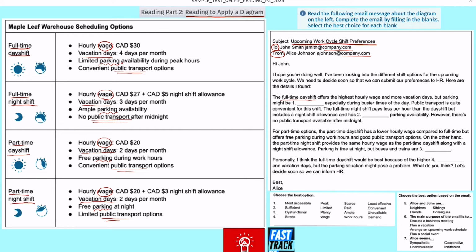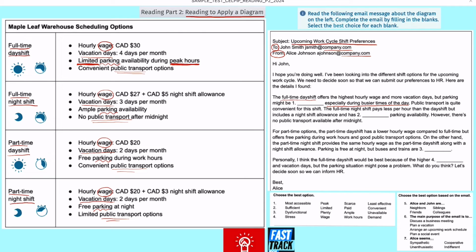Now, what does the chart have to say about parking? It says, as you can see here, limited parking availability during peak hours. Okay, and especially if you can see after item number 1, it says especially during busier times of the day, which means during peak hours, right? So here, the adjective that's used is limited.